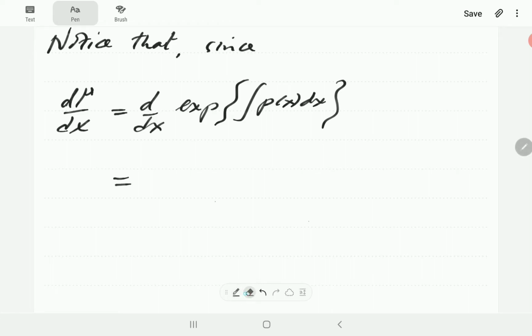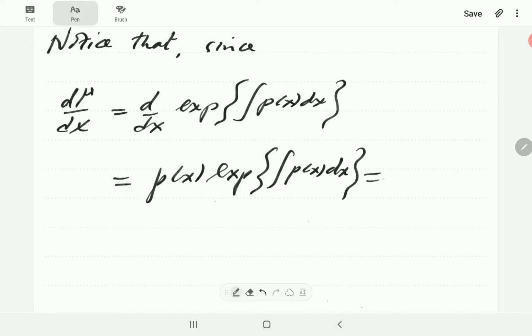The exponent here is the integral of p, so the derivative of the integral of p is just p. So this is going to be p of x times the exponential of the integral of p of x.